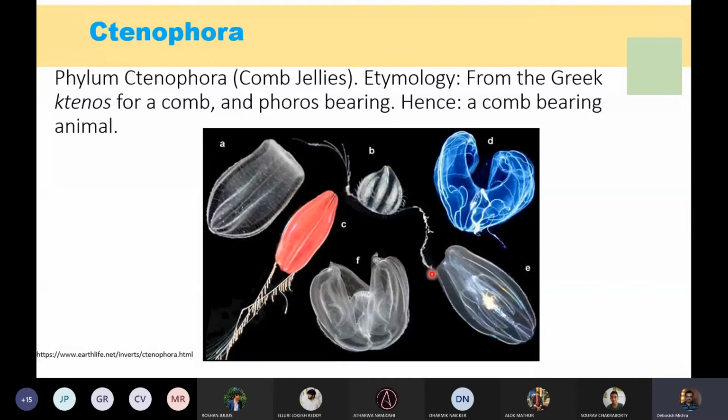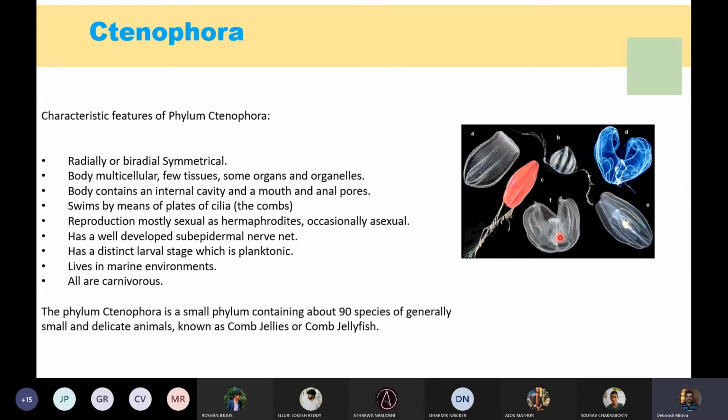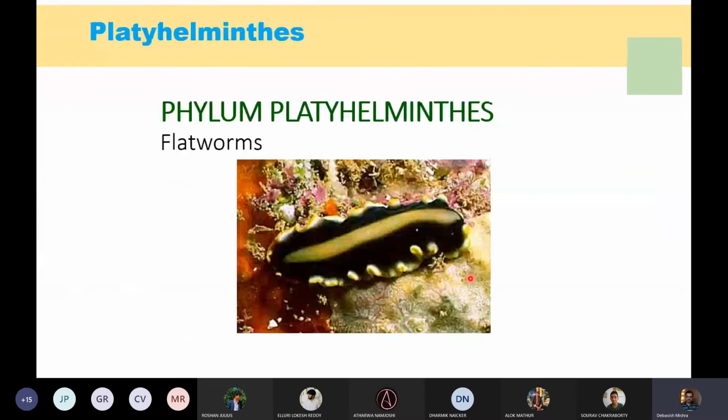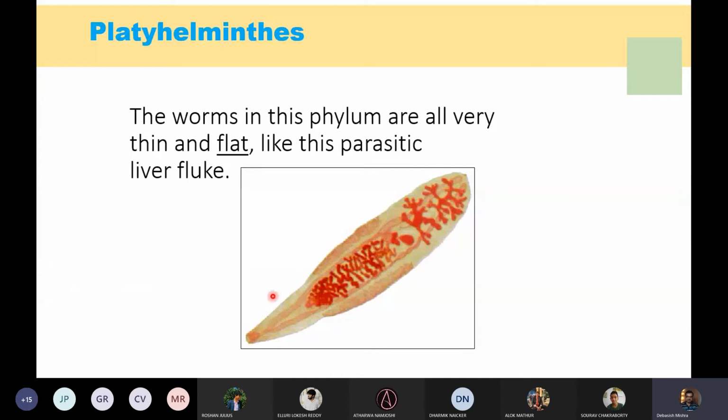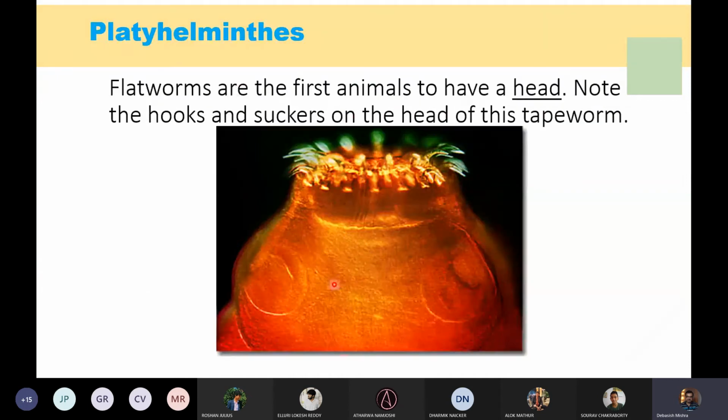They are called comb jellies. These are certain specific characteristics of how they are different from Porifera and Cnidarians. Then we have the flatworms. Often they are parasitic. You see here, this is a tapeworm.